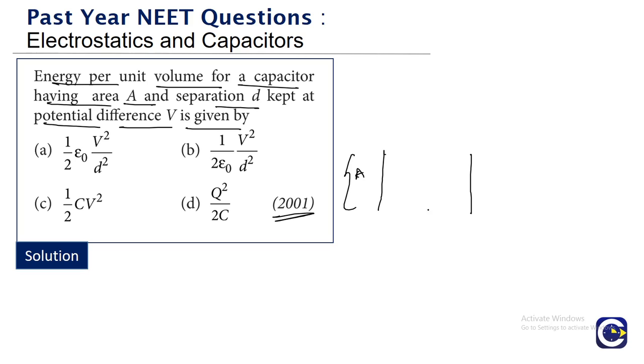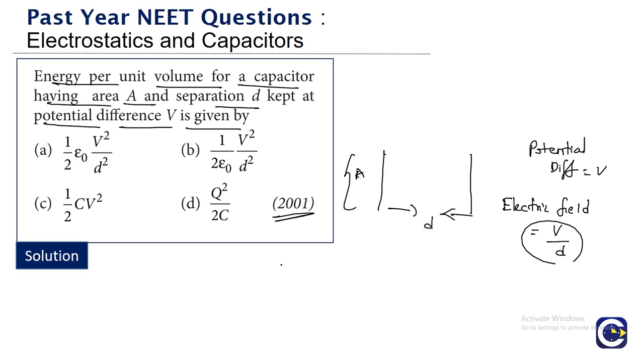Area of cross section is A, distance between the two plates is D, and the potential difference is V. For a parallel plate capacitor, the electric field in the region between the two plates will be given by potential difference divided by D. The electric field, which will be uniform throughout the region, goes from the positive plate to the negative plate, and the value will be potential difference divided by D.